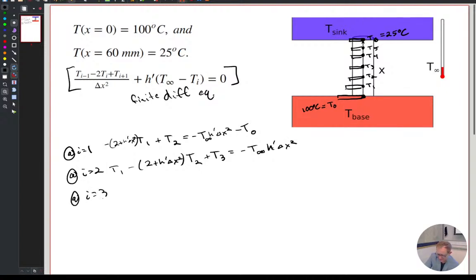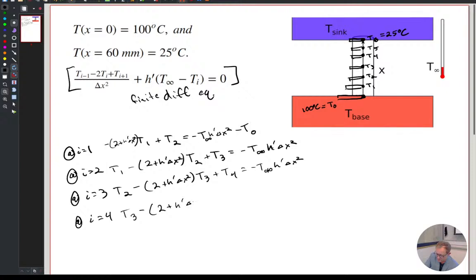At i equals 3, I have T2 minus 2 plus h prime delta x squared, T3 plus T4 equals negative T infinity h prime delta x squared. At i equals 4, I have T3 minus 2 plus h prime delta x squared T4 plus T5, it's all equal to negative T infinity h prime delta x squared.